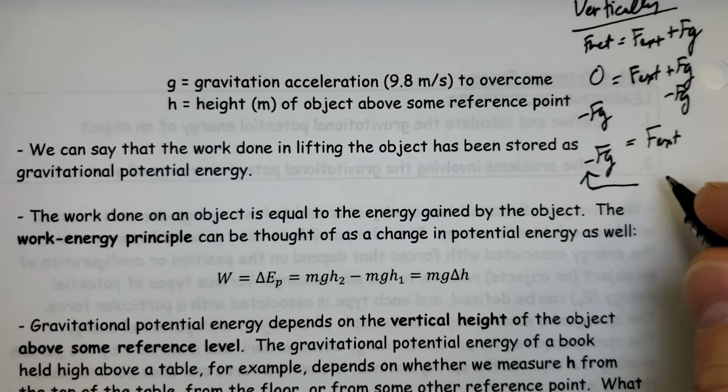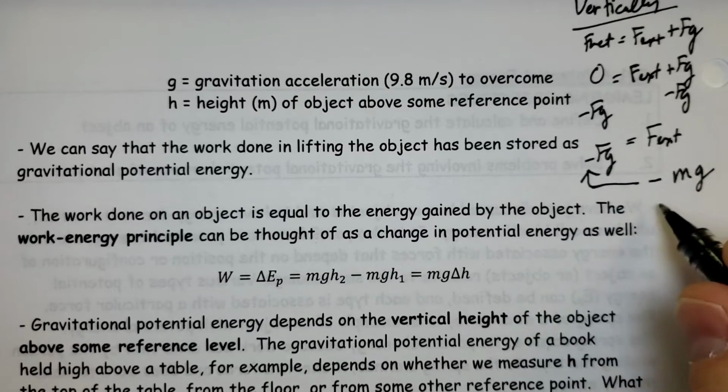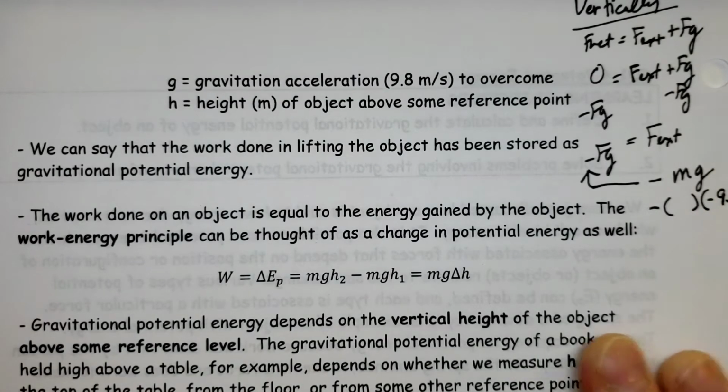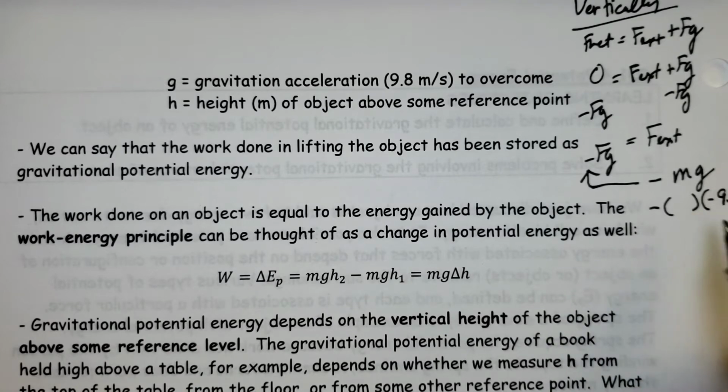Now you could think of Fg as equal to mg, where I have my mass and my gravity, of course, negative 9.8. But if I take the negative of the negative, it becomes 9.8.